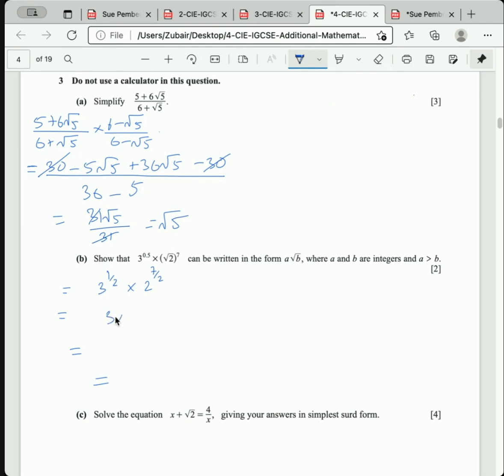And if I write 3 into 2 raised to power 7, 1 by 2, and split this into 2 raised to power 6 into 2 raised to power 1, and 1 by 2. Only if we deal with, like I'm going to put this power on everyone. This is 3 to the 6 into 2 raised by 6, and 1 by 2. So this cancels out. 2 cube is 8 into root 6. 8 root 6.